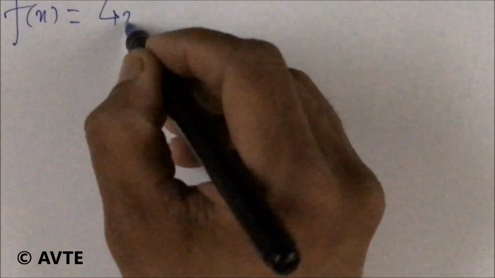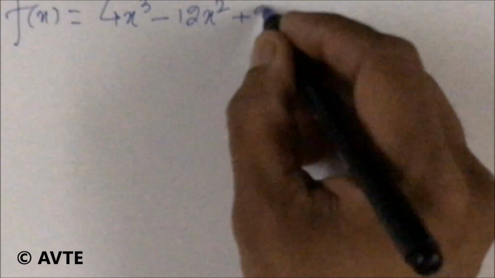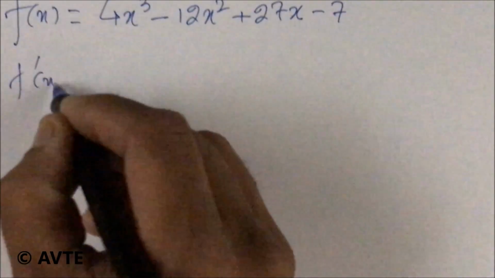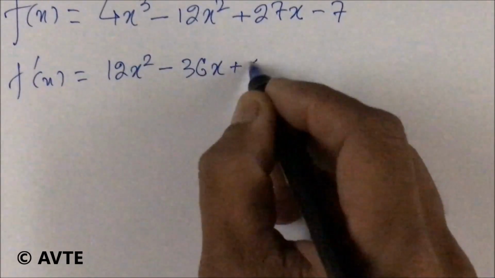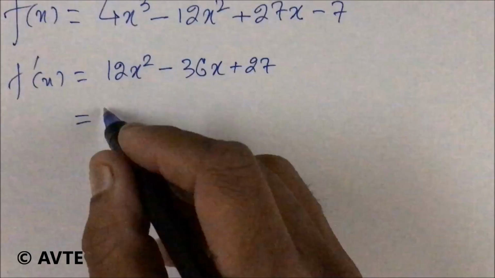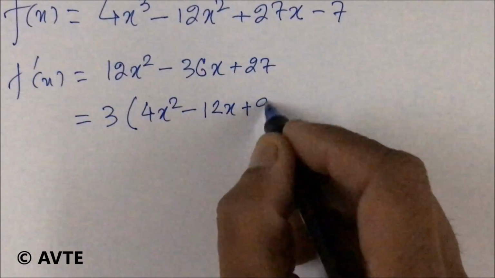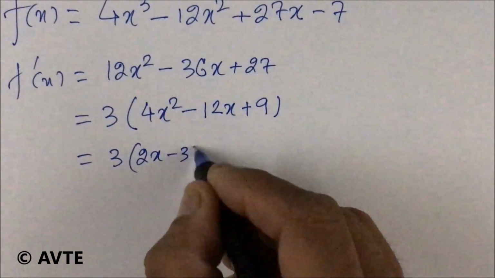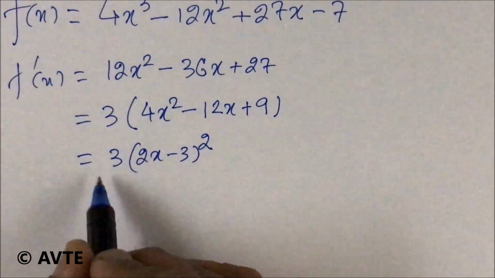Since f(x) is 4x cubed minus 18x squared plus 27x minus 7, its derivative is... we can take 3 common, and this can turn to a perfect square. Being a perfect square, it is always non-negative and we have a positive quantity multiplied with it.